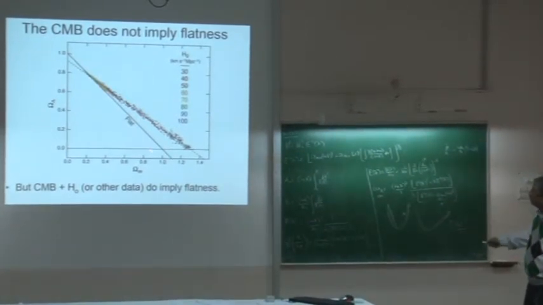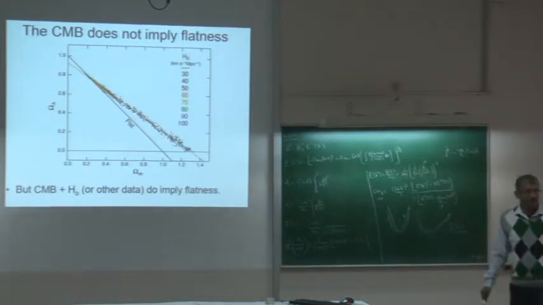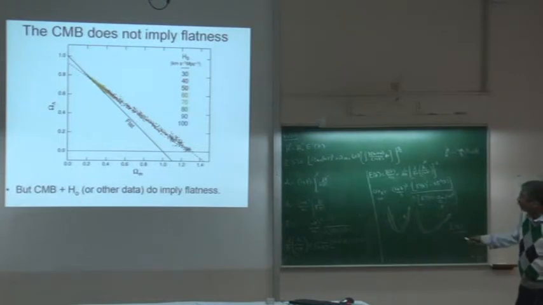Now you can see that the point that fits the WMAP data and is consistent with flatness is the one for which the H0 value is around 70. So the flatness of the universe is not just from the peak angular location; you also have to know your H0, which has to be around 70.